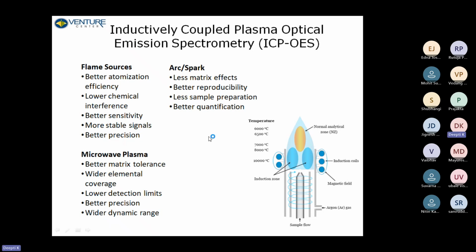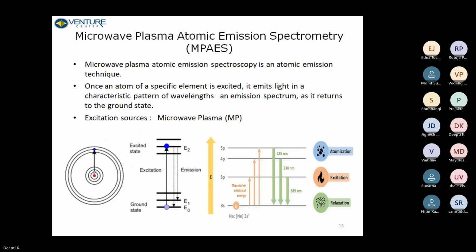On the other hand, if a microwave plasma is considered, it has more matrix tolerance, but higher detection limits. Whereas in the arc spark method, it has less matrix effect, better reproducibility, better quantification, less sample preparation time, but at the same time, it has lesser sensitivity than flame sources.